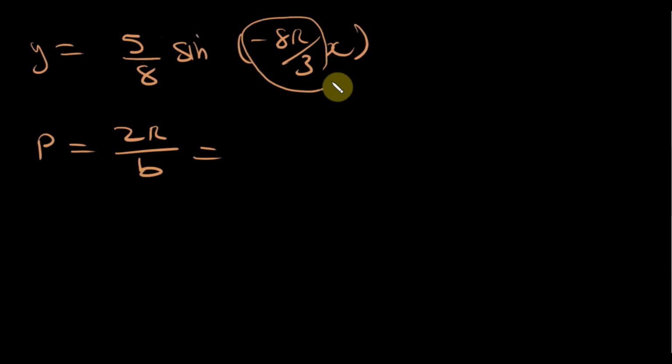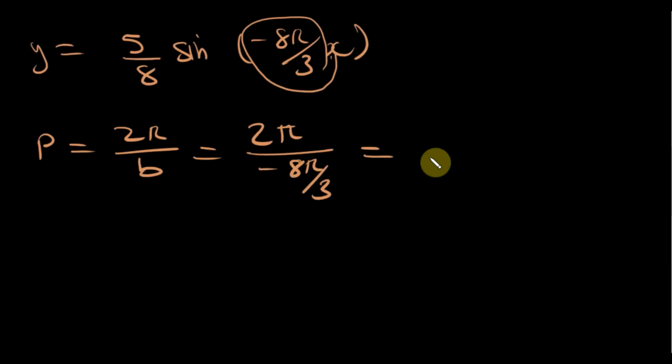B is all this right there. So 2 pi divided by minus 8 pi over 3 gives me 2 pi times 3 over 8 pi, divided by negative. The pi's fall away. 6 over 8 is 3 over 4, so we have 3 over 4 as our period.